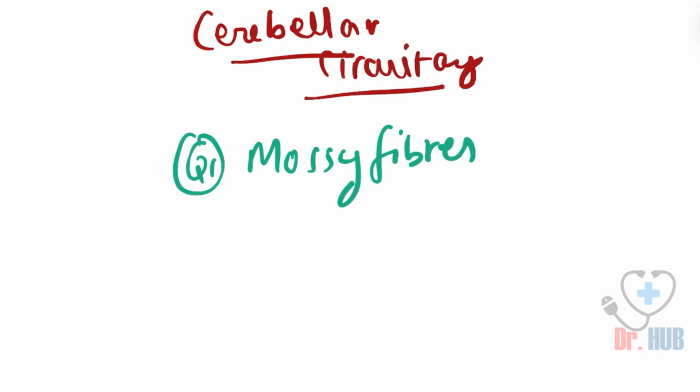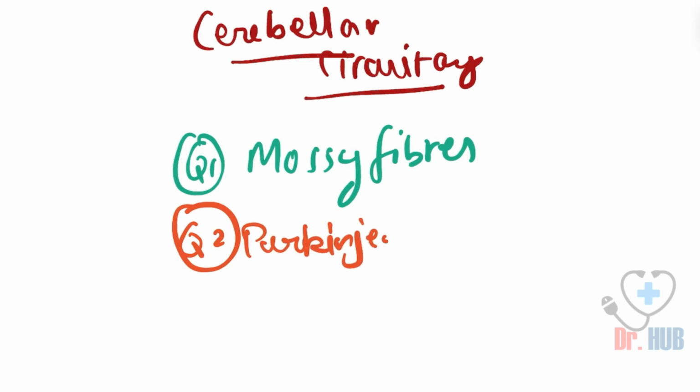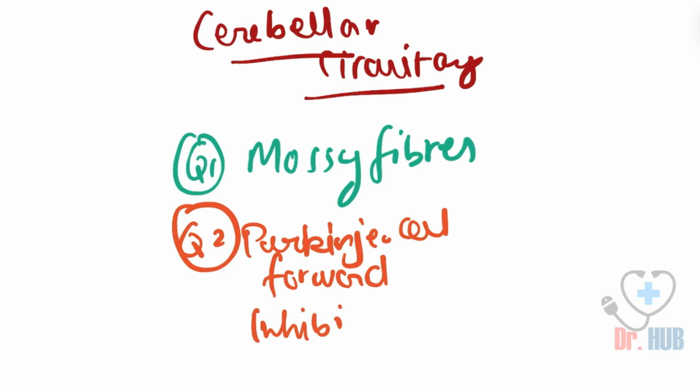The second question is: in the case of Purkinje cell forward inhibition, what are the cells involved?